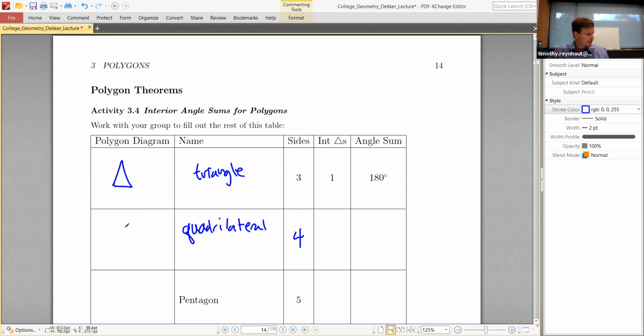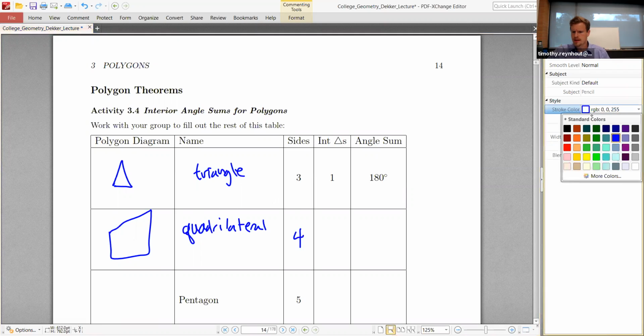So a quadrilateral could look like this. So it's not a square, it's not a rectangle. Although squares and rectangles are quadrilaterals, they have 4 sides, certainly. But what we can do is split this up so that this creates a number of triangles.